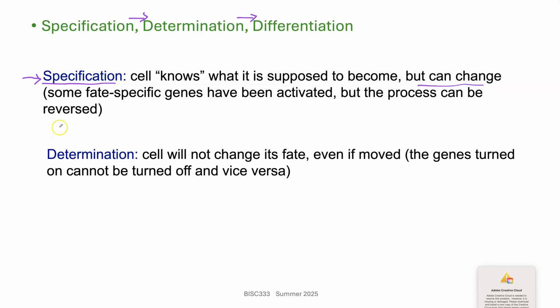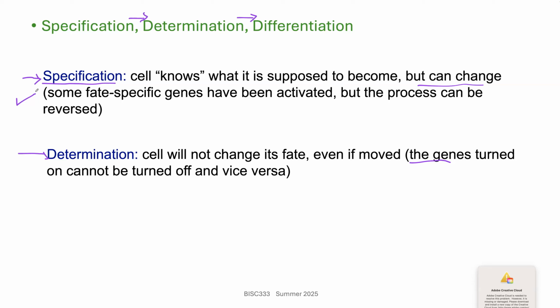Determination is the next step. So at this point, there are additional genes turned on and others that have been turned off, but these are now not reversible. So the difference here is that the specified process can be reversed. So the cell, if you leave it alone, knows what it's supposed to be.